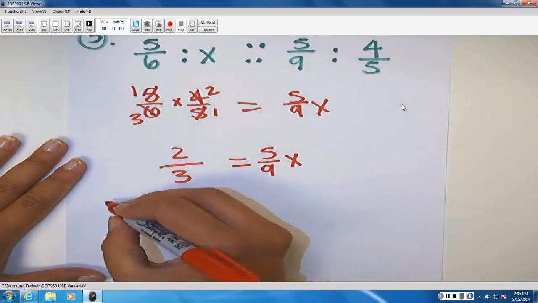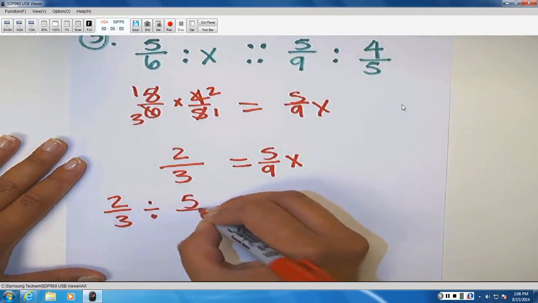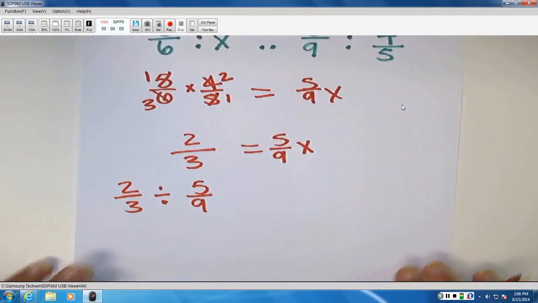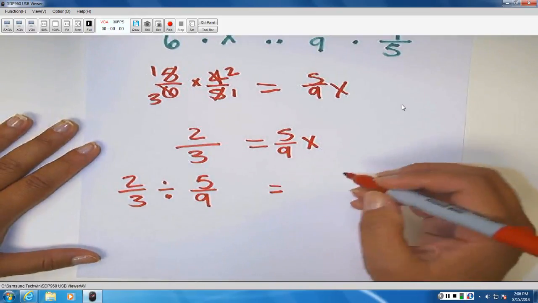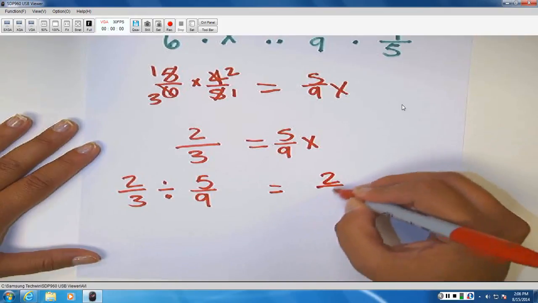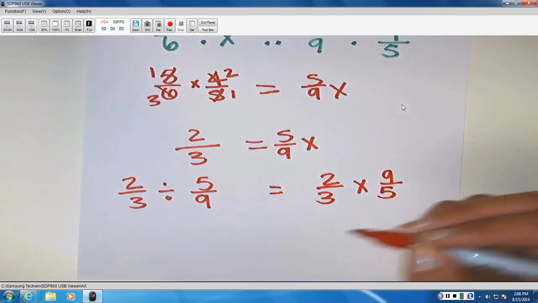So it would set up like this, 2/3 divided by 5/9. But again, I know whenever I have division of fractions, if I flip that second fraction over, then I can just multiply straight across. So that's actually going to turn into 2/3 times 9/5.